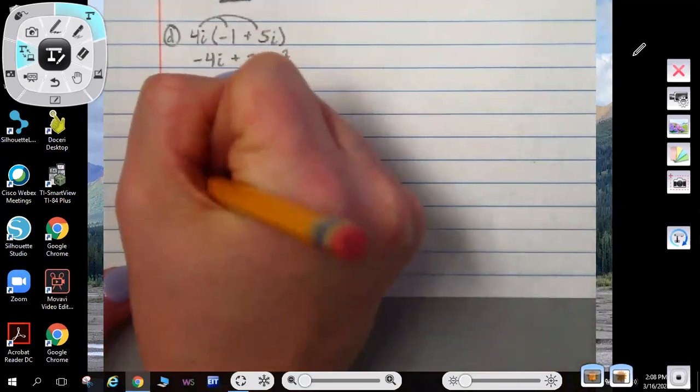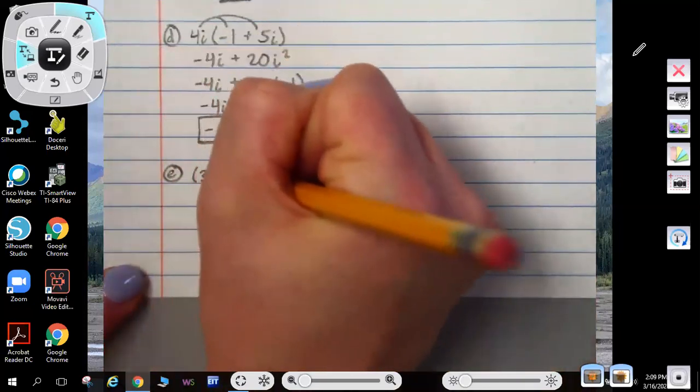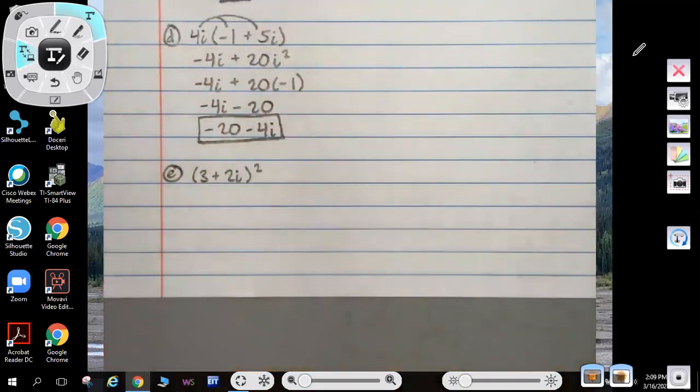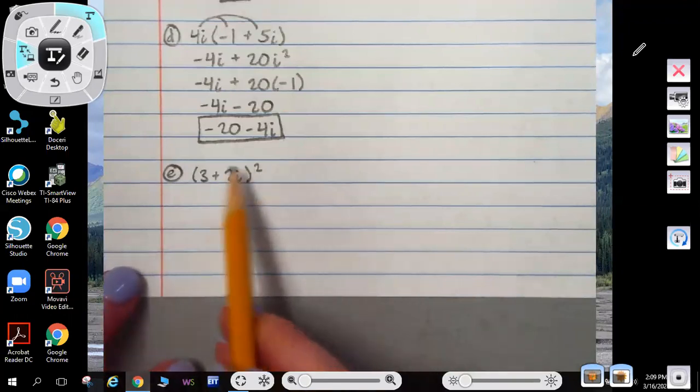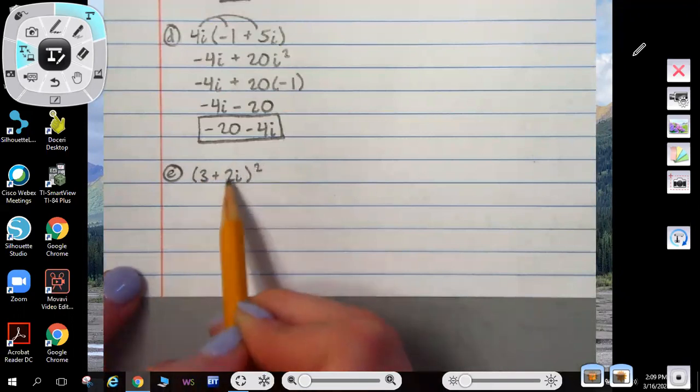Last one. This is part E. Three plus 2i squared. Okay, so the most common mistake on this one is going to be you're going to think that you can just distribute this exponent and put it on the 3 and the 2i.